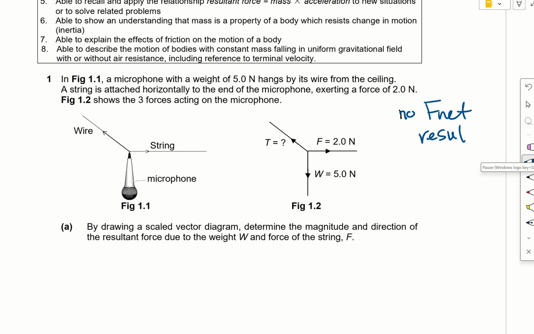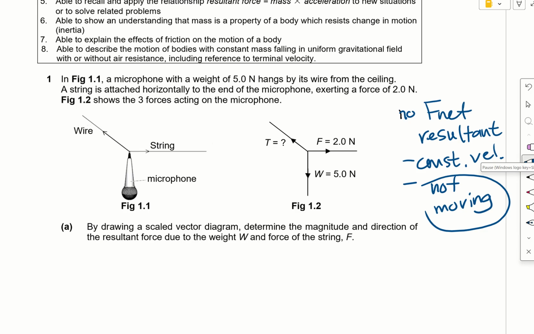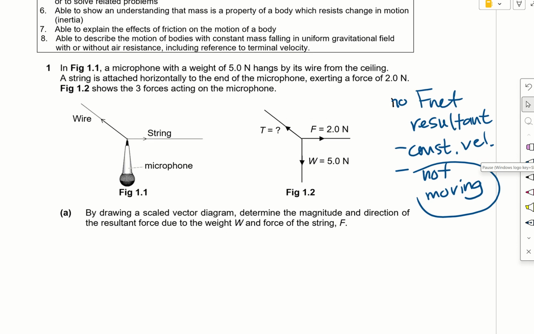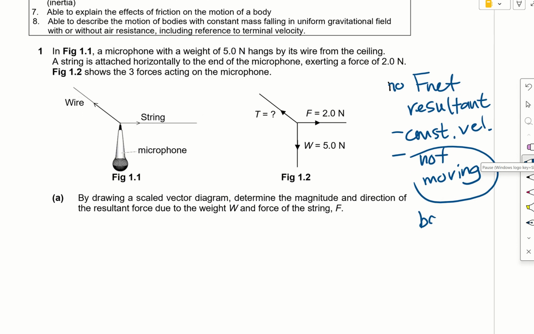So when there's no resultant force, the object is either moving with constant velocity or not moving. Most of the time it is under the case of not moving, whereby you'll see the object is being balanced, or they will say in equilibrium.